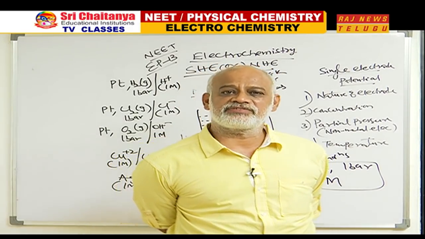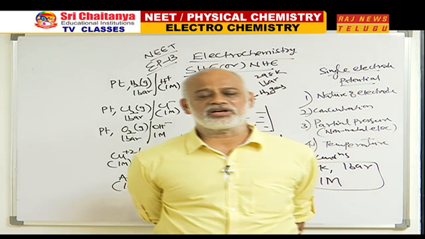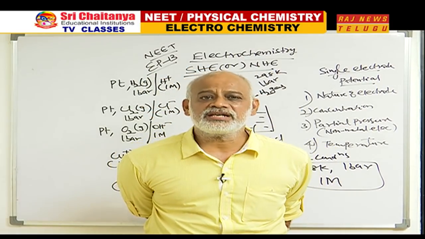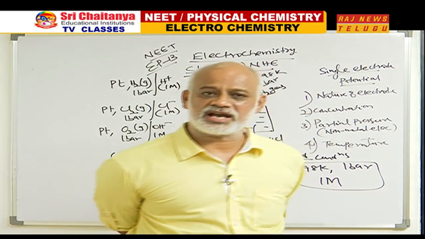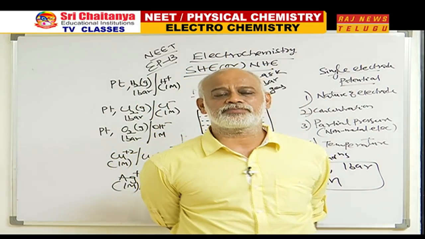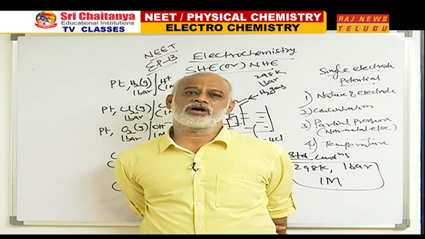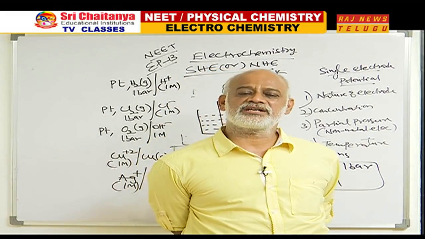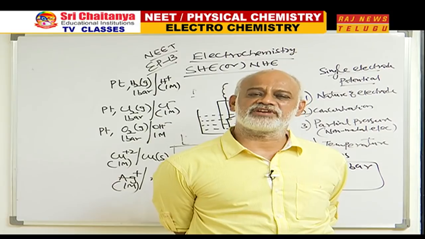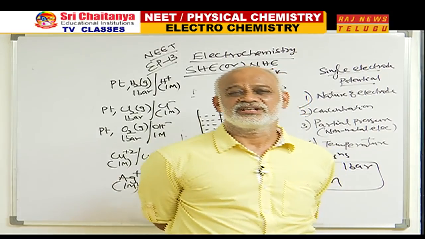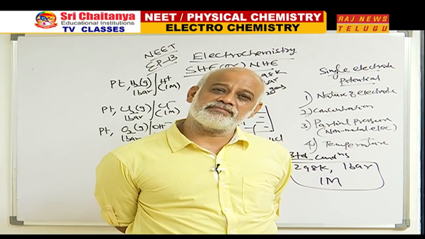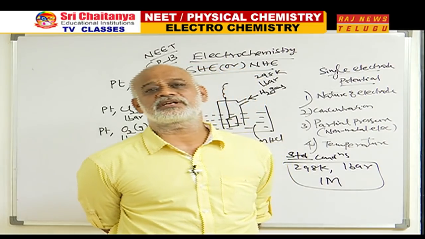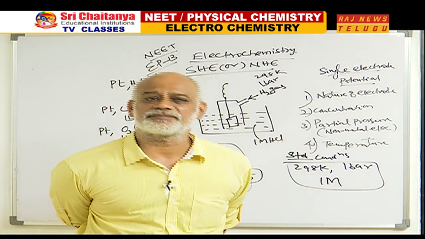This potential difference I want to call the single electrode potential. But the problem is, this single electrode potential is very difficult to measure. To measure a potential difference between a metal electrode and the surrounding metal ions is not easy.